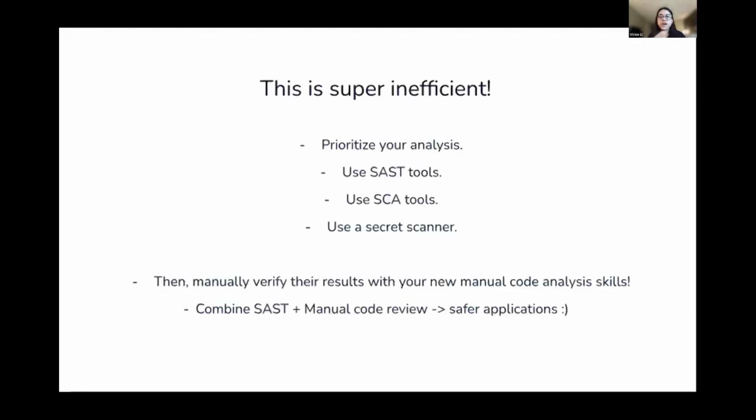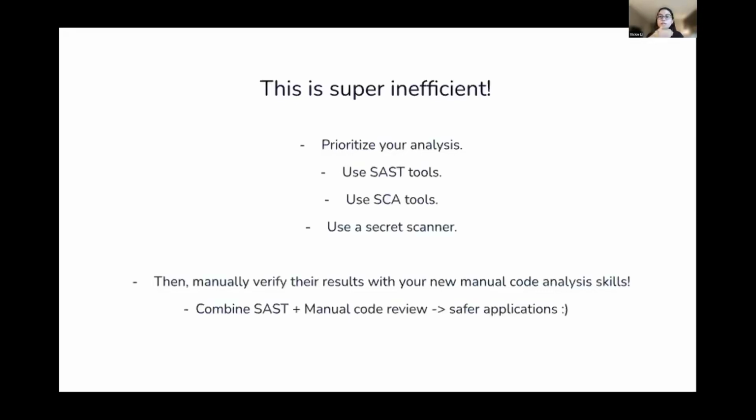And automation can help you with other components of the source code review as well. One of the other things that we do in source code review is that we look at all the application's dependencies and see if there are any publicly disclosed vulnerabilities that exist in those dependencies, right? And software composition analysis tools actually automate that process.